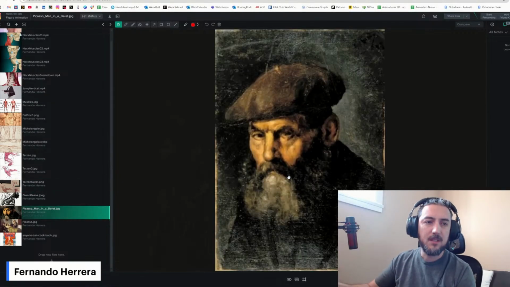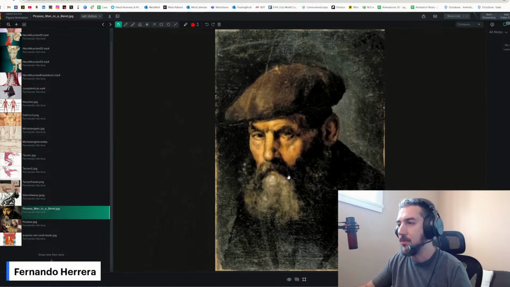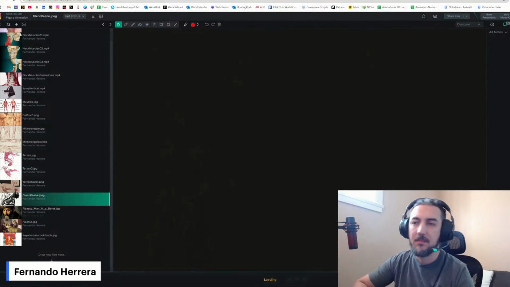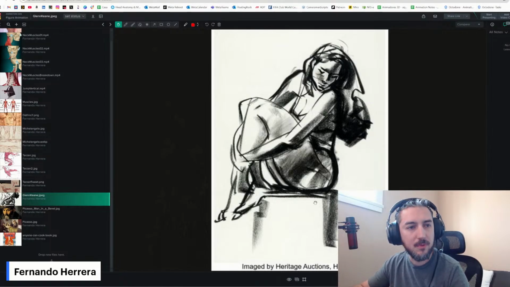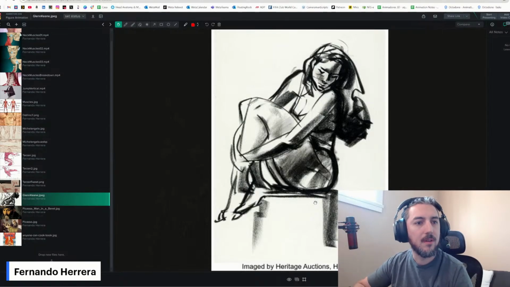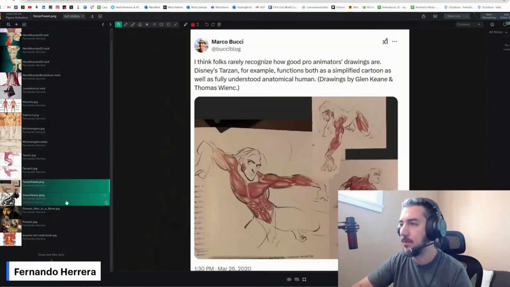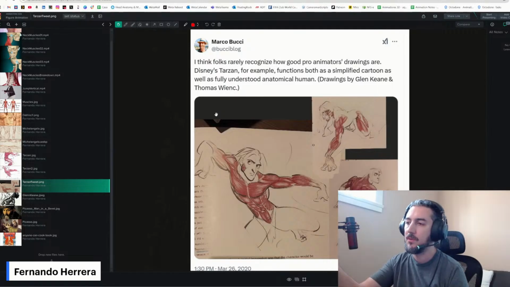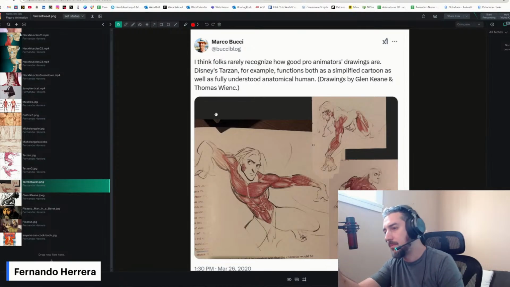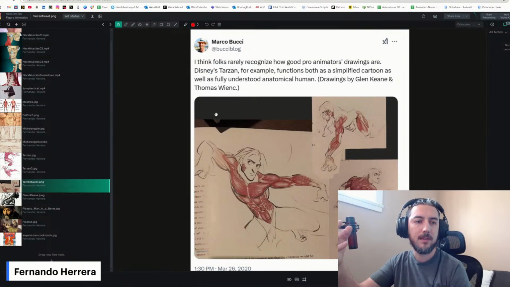This explains why even the best people, like Glen Keane, who is amazing at stylizing, and this is stylized, but you see how he controls the human form and understands the human figure. He's not just drawing a cartoon. This was something very cool as well: even in a movie like Tarzan, there were a lot of studies on how the anatomy of the character worked, what the muscles are, what's below that nice line of action.